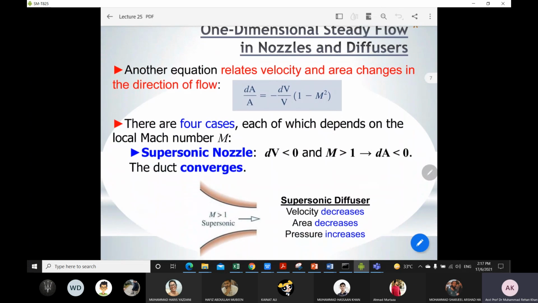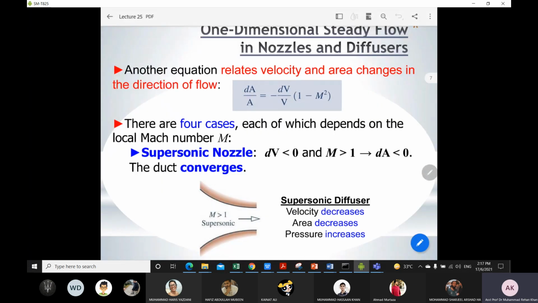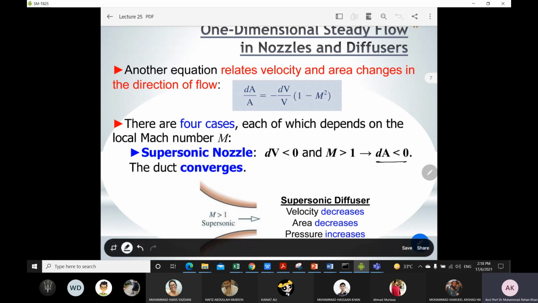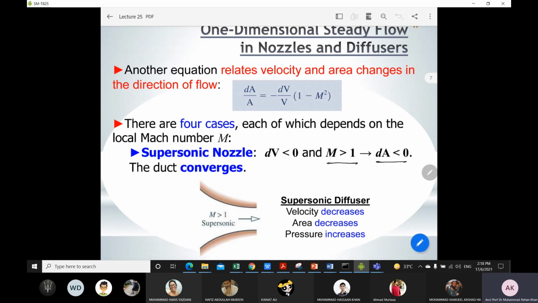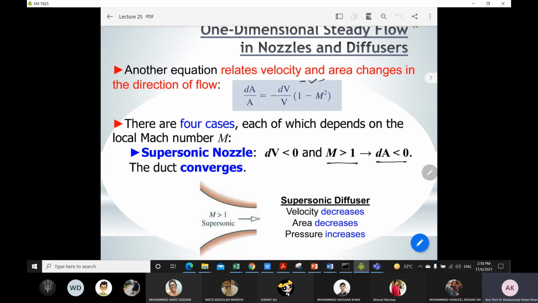Now coming towards the third case. So now we have the supersonic nozzle. Okay, so the nozzle, again, we already know that dA is less than 0 for the nozzle. Mach number is greater than 1 now because it is a supersonic nozzle. So if we just put all these things into this, this term becomes negative over there. This term also becomes negative.